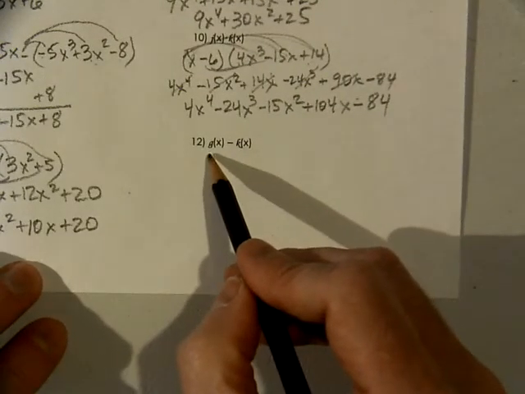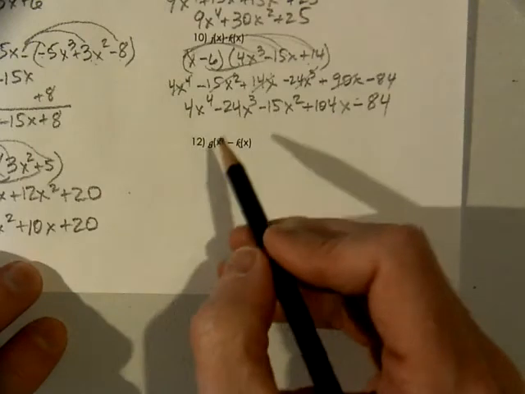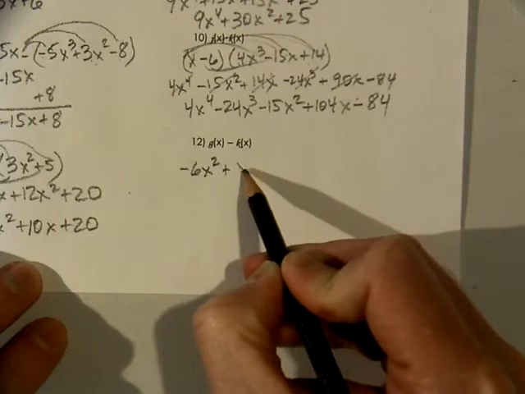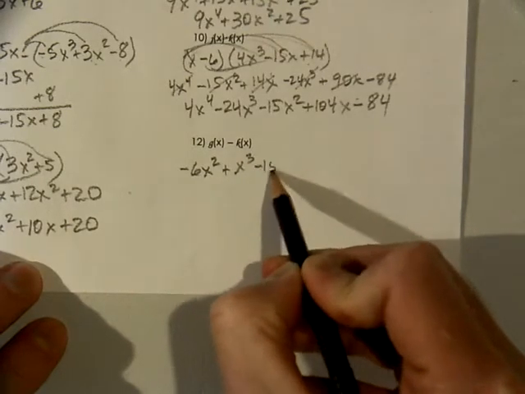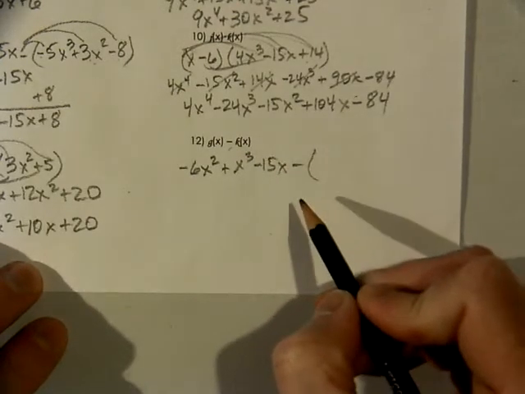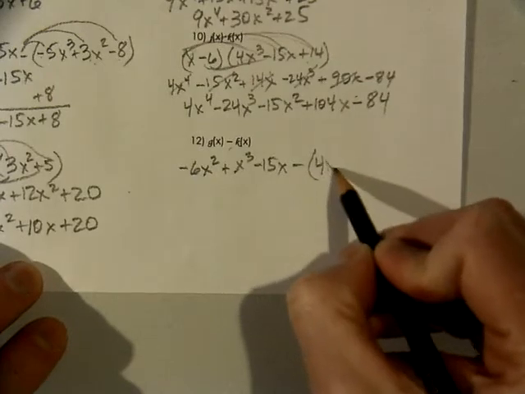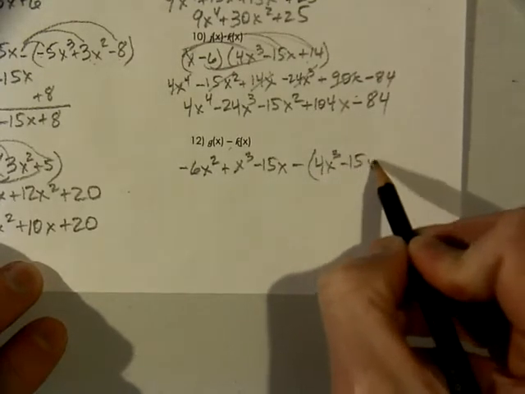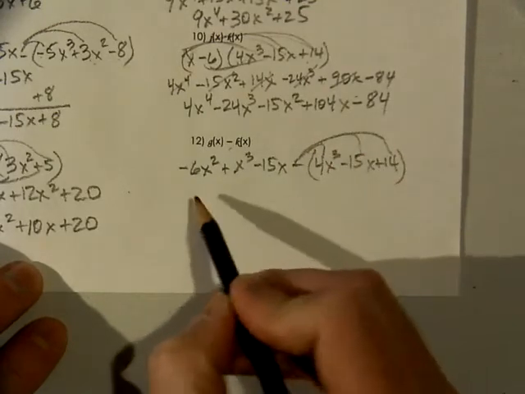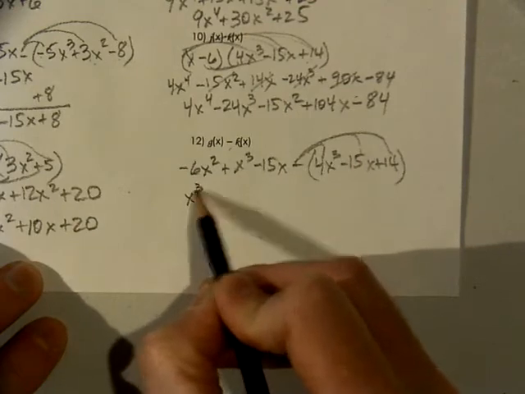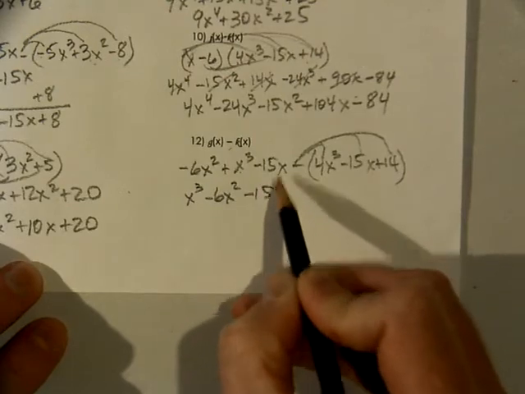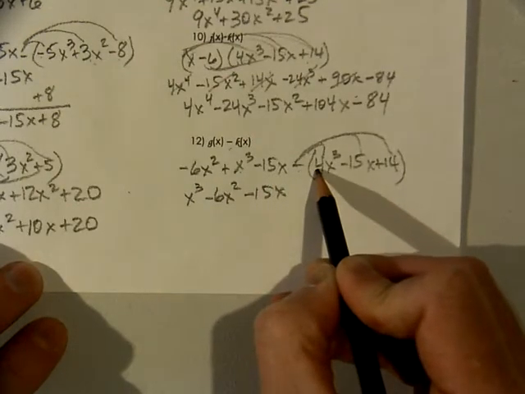Here we're going to subtract, so we got the g function minus the k function. We have to use parentheses around a k function. So it reminds us to distribute that negative through. So I'm going to have an x cubed, a negative 6x squared, a minus 15x, a negative 4x cubed.